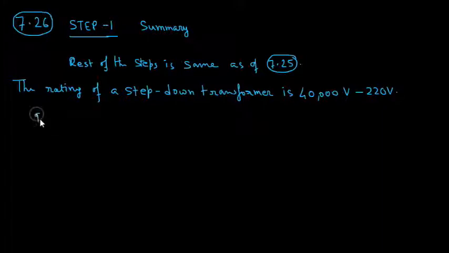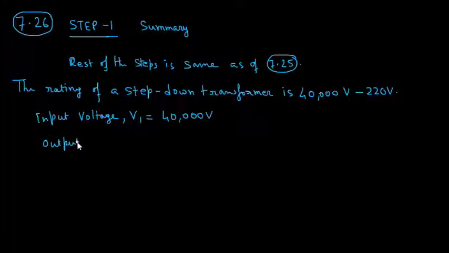Input voltage V1 is equal to 40,000 volt. Output voltage V2 is equal to 220 volt.